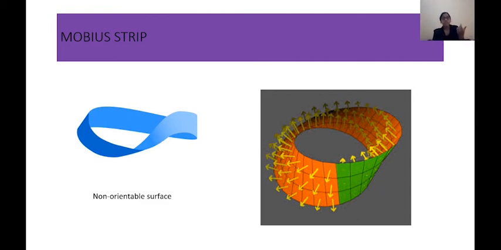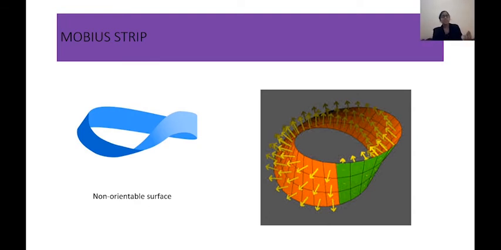The specialty of this strip is that if you consider any unit normal over here and move along the strip, then when we come to the starting point again, the unit normal will be on the opposite side. You can see this in the next figure clearly. If we start from this particular point and point unit normals in this way, when we move along this Mobius strip and reach back to the starting position, the unit normal will be in the opposite direction.